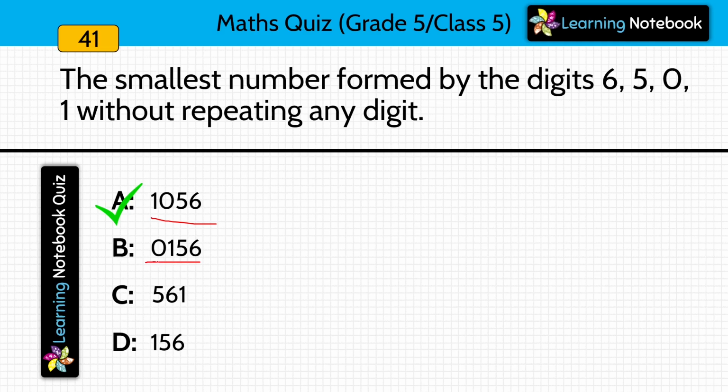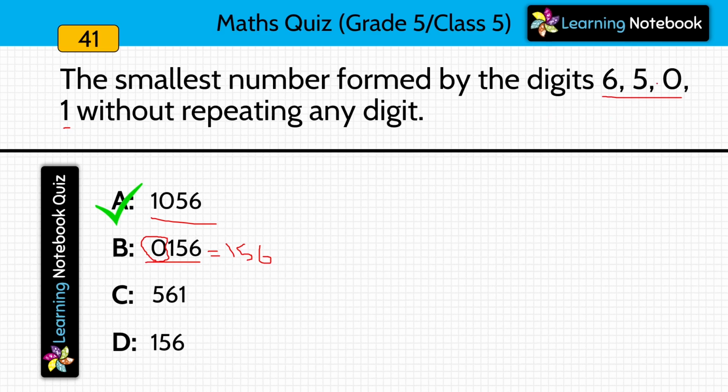Students, when we start any number with 0, then this 0 doesn't hold any value. 0156 is nothing but 156. So here in 156, we haven't used 0 and we have to use all these digits.